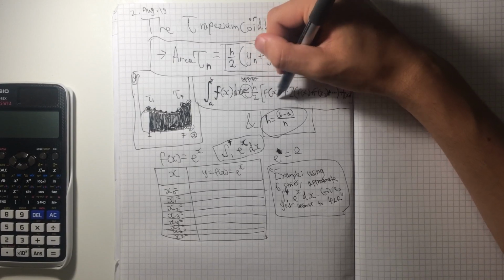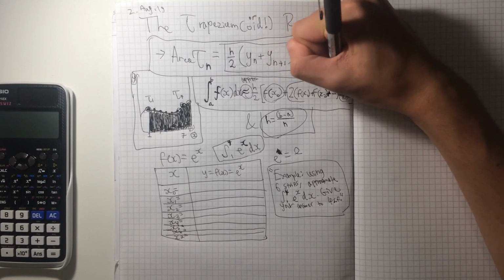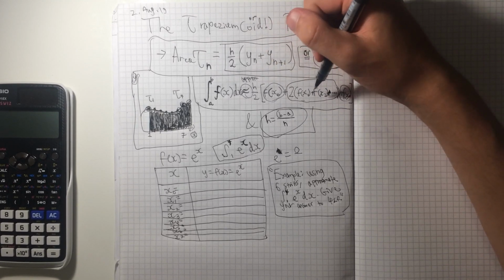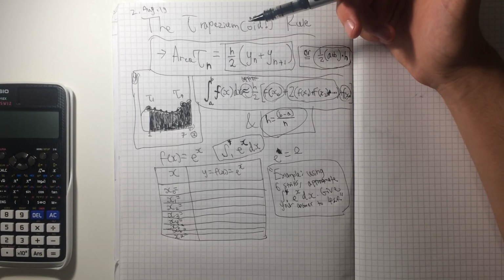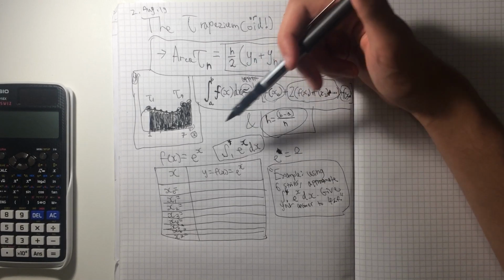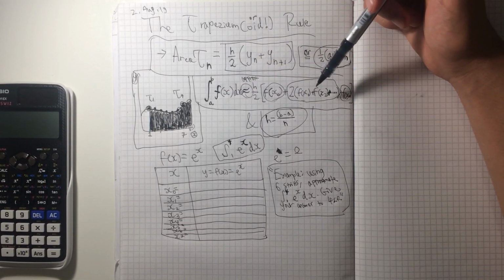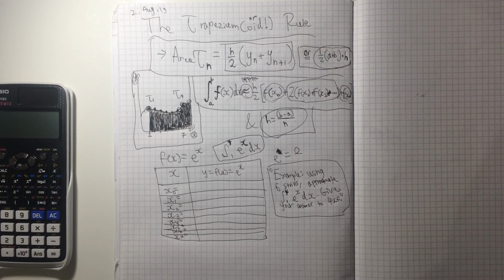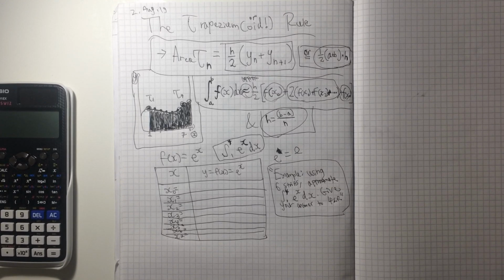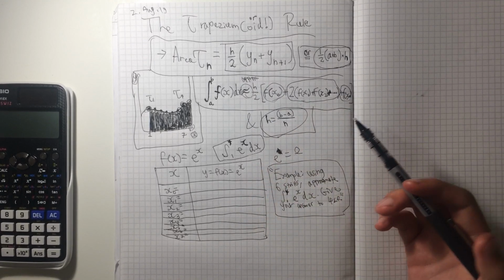Only one time do they appear. Everything else in the middle is multiplied by 2, and the reason is it's just a shortcut, a way of calculating the trapezia. You rearrange it to get this easier form, because calculating all the trapezia separately and then adding up becomes really inefficient.